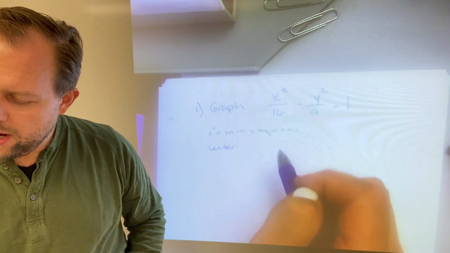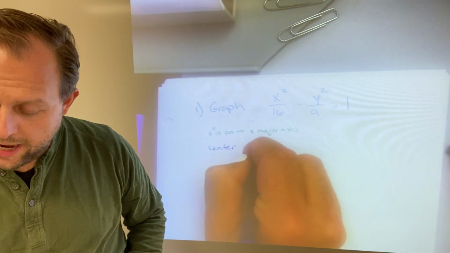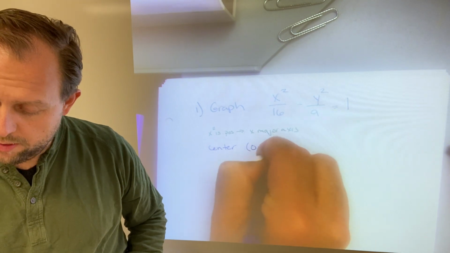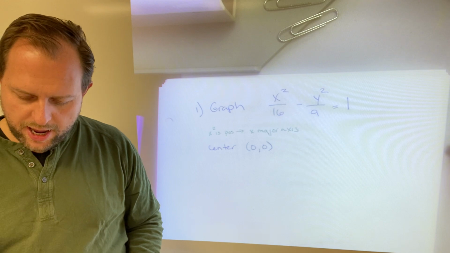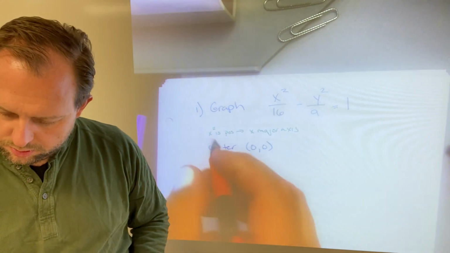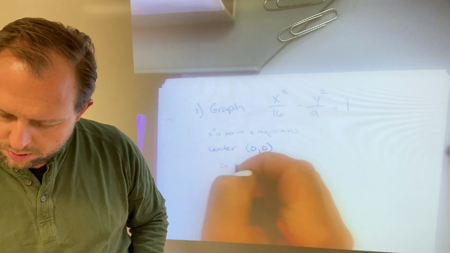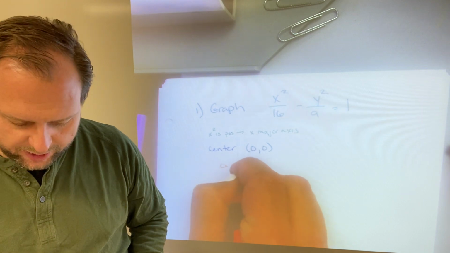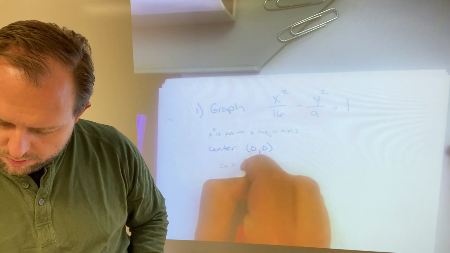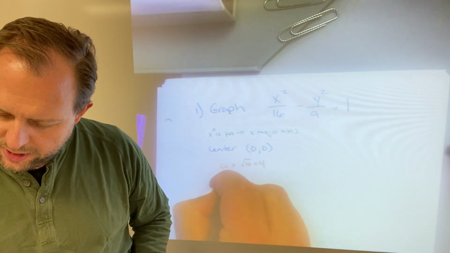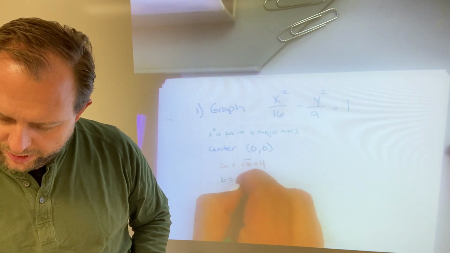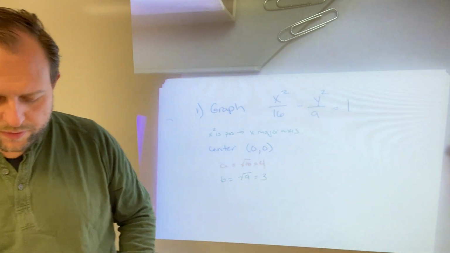There's nothing being subtracted here, so our center in this case happens to be at 0, 0. Our A is the square root of 16, which is 4. And our B is the square root of 9, which is 3.